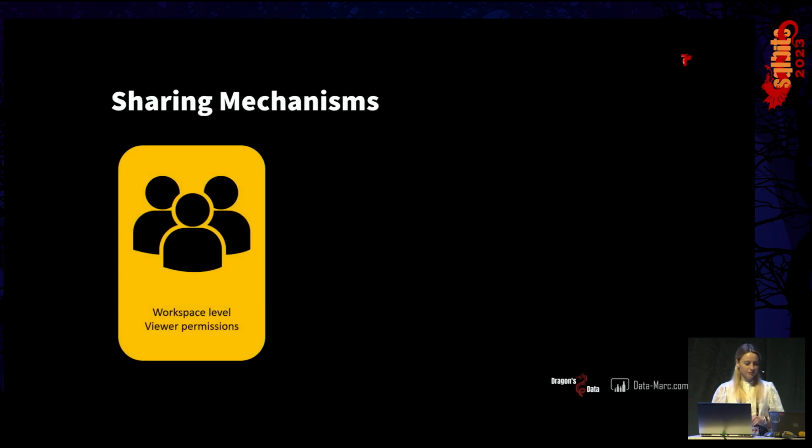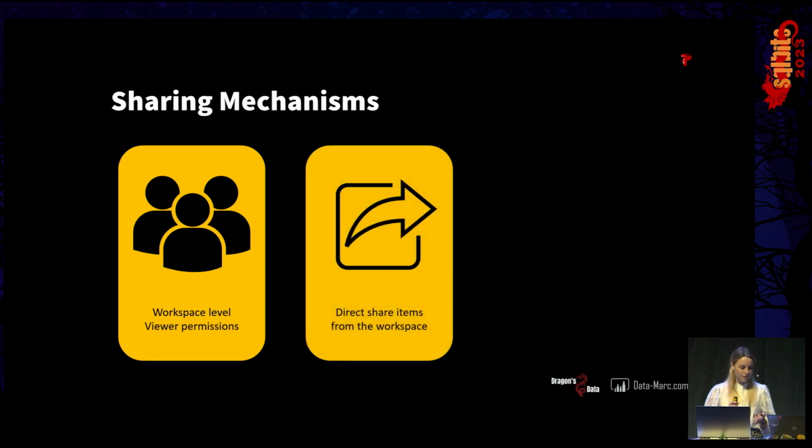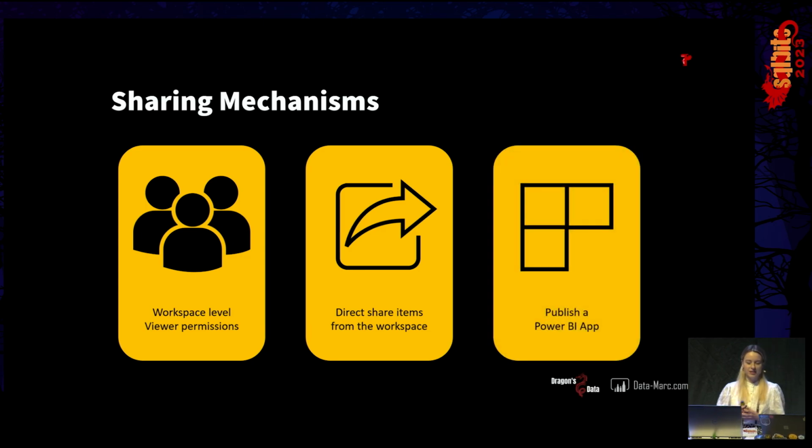So if you want to share, first you need to think maybe at a workspace level, you need viewer permissions, so you need to know how to set up that. Also, the other option for sharing is direct sharing, so just send the link. And the last and probably the best option is publish a Power BI app and share it via it.